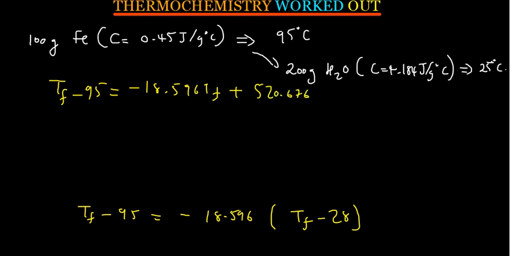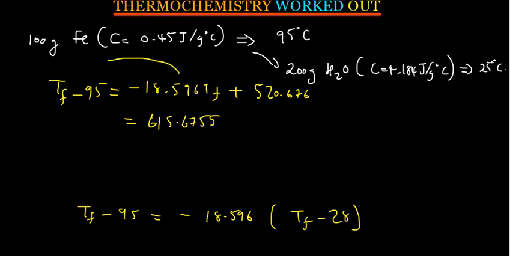So I'll take like terms to the same side. I'll take 95 to the other side, so it will become positive. It will add to the 520. So 520 plus 95 is going to give us 615.676.